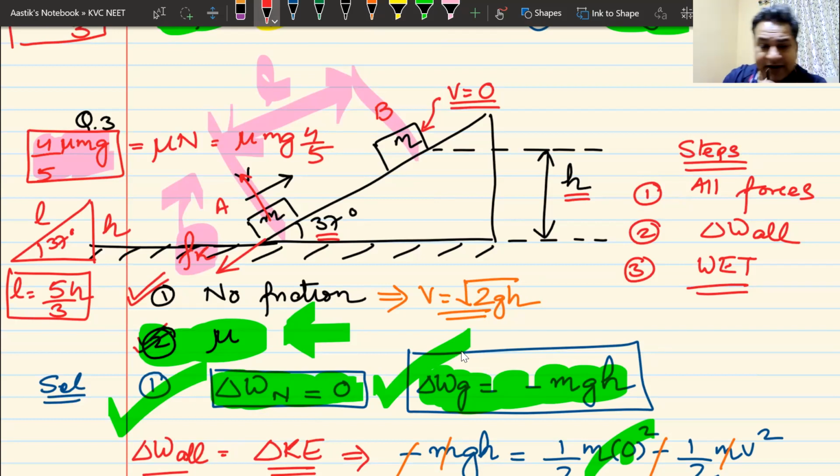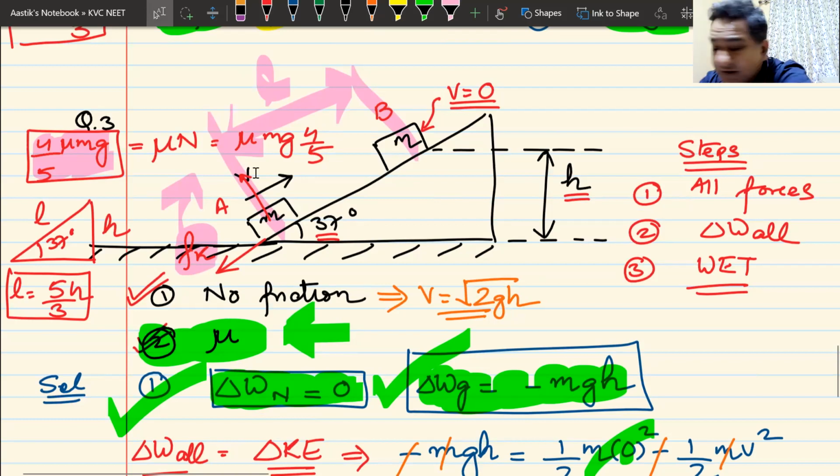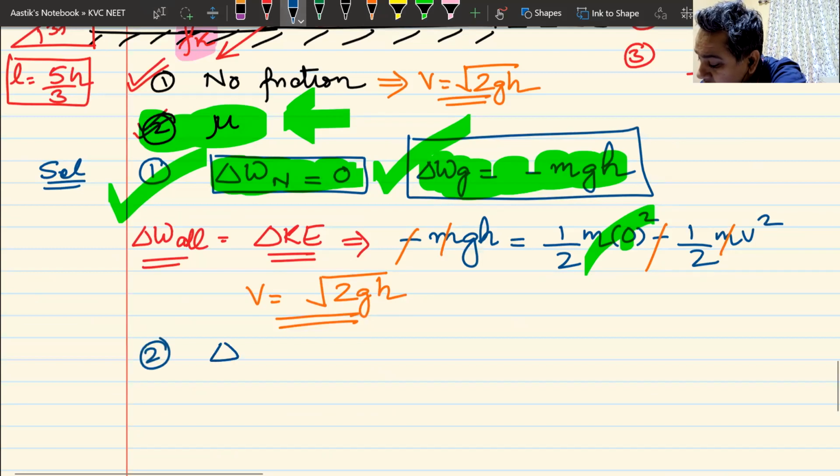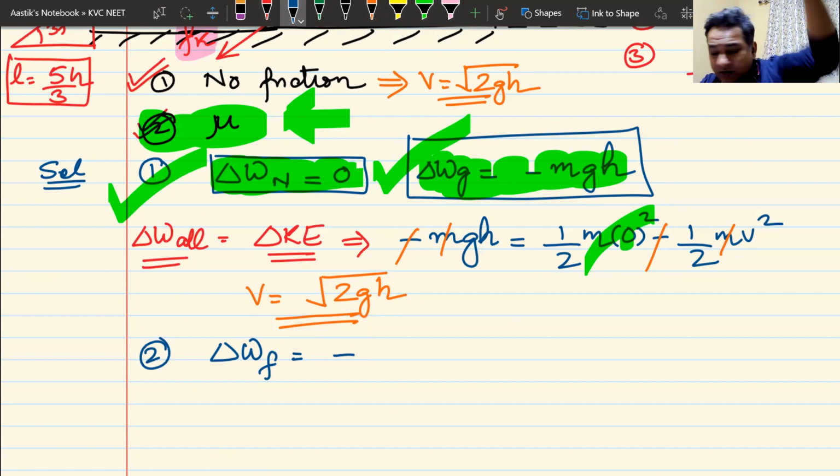The only thing now remains is to find out the value of work done by frictional force. That is what I'm going to do now. That is the only extra thing that we have to do in question number 2. So in question number 2, what is the work done by friction? It has to be negative, so I write negative. What is the value of frictional force? We have calculated it.